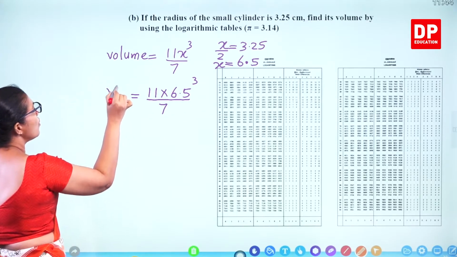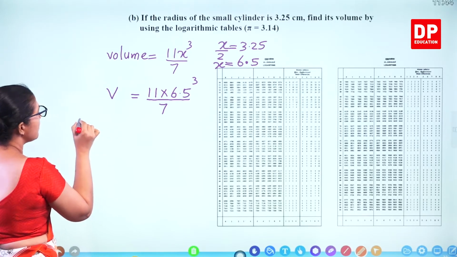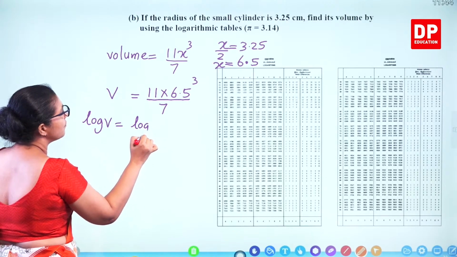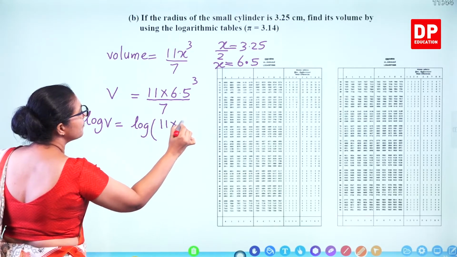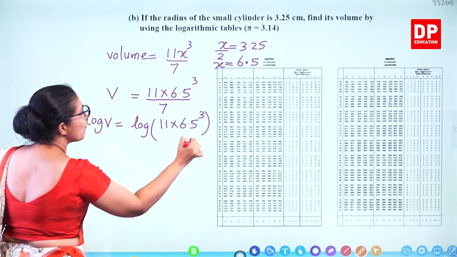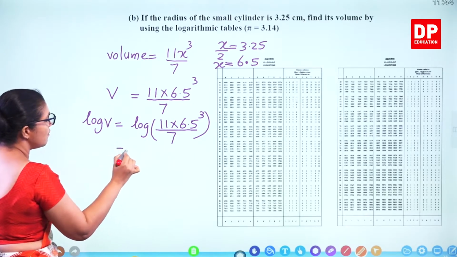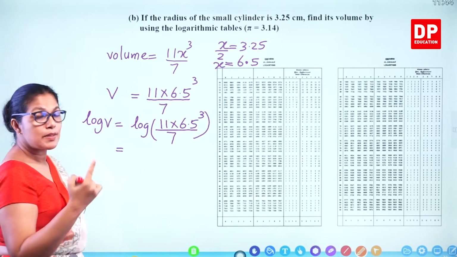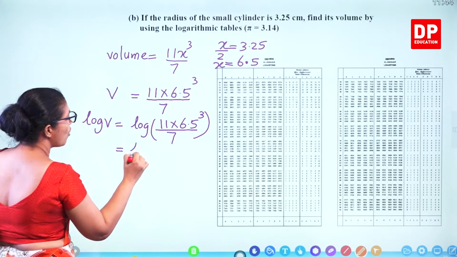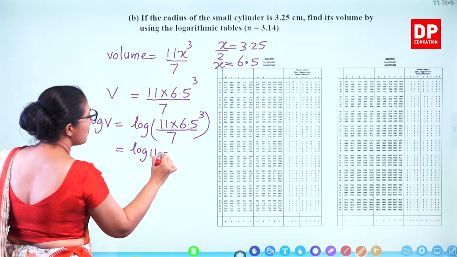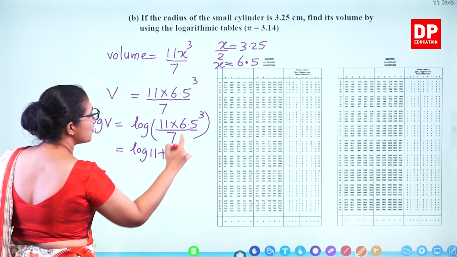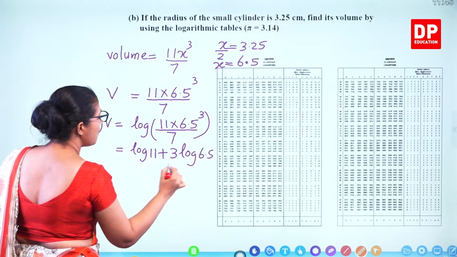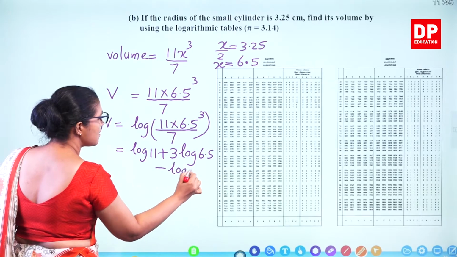Now you can take log on both sides. Log of v equals log of this value, and use laws of logarithms. We know that multiplication is the addition of log values. So log of 11 plus 3 log 6.5 minus log 7 is the final answer.